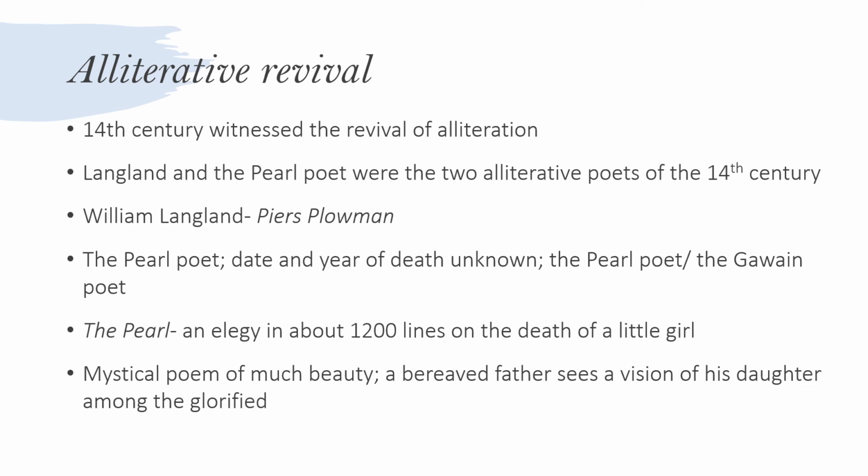And immediately he recognizes the adult woman seated there as his daughter. And the daughter scolds him for his extended grief, and she describes her situation. That is how the poem The Pearl goes. And the Pearl Poet wrote another poem titled Sir Gawain and the Green Knight. It is also an alliterative poem.